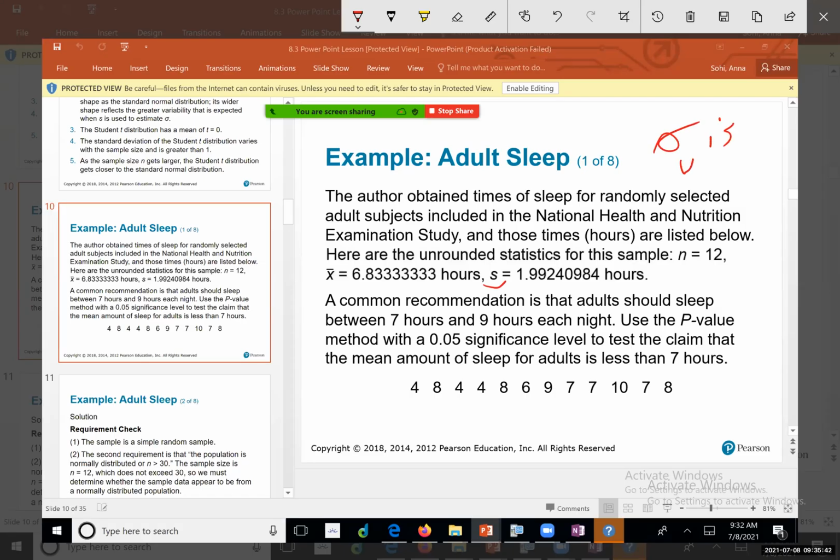Sigma is the standard deviation for the population. If sigma is unknown, then you use a t-test. It's very rare that sigma is known. If sigma is known, which again is very rare, then you use a z-test.